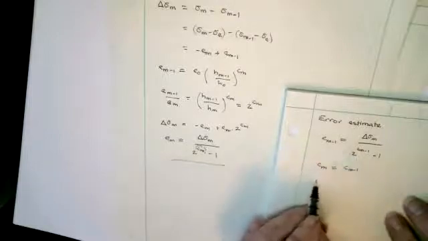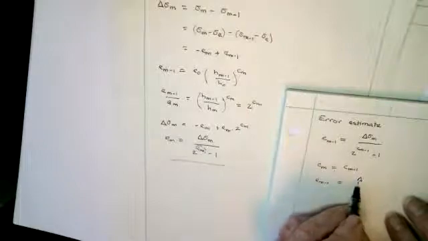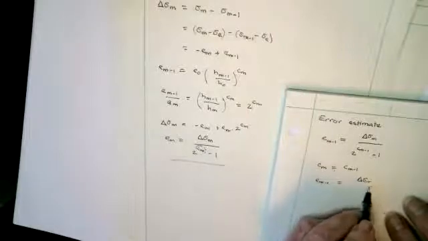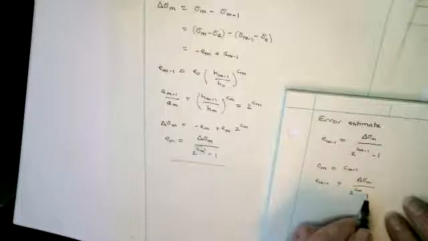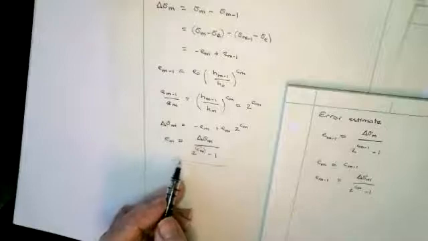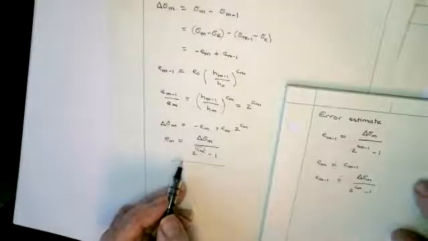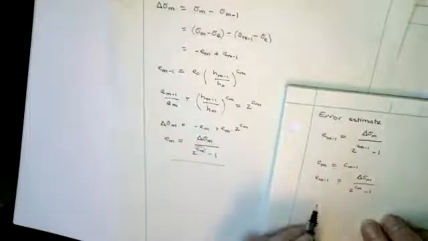Then I can divide these two together to get the quotient. I already had that EM minus 1 over EM is 2 to the CM.